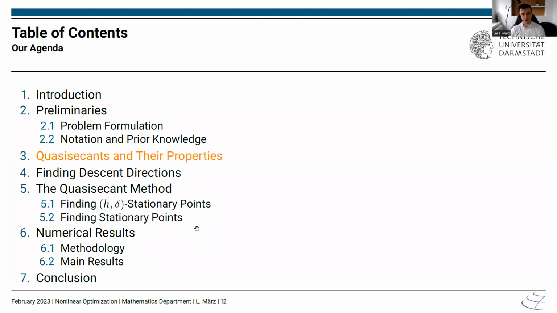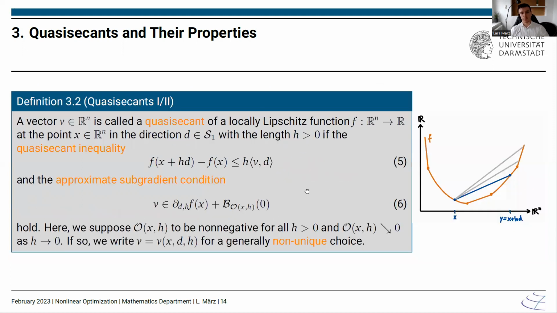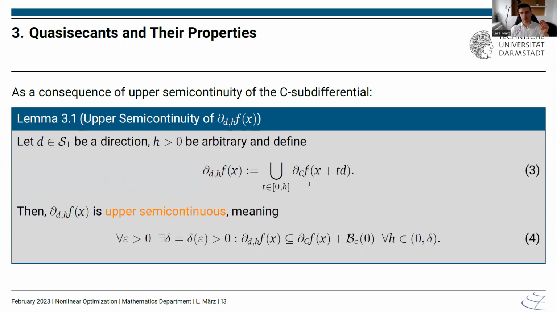Now, what are quasisecants in the first place, and for what can we use them? So to start, we derive this consequence of the upper semi-continuity of the Clarke subdifferential. So take some direction d in the unit sphere and a length h. Now take the union of all Clarke subdifferentials on that line segment from x to x plus hd.